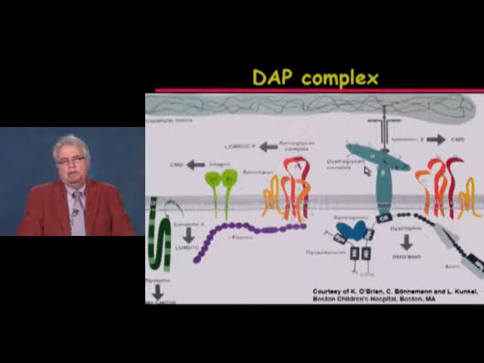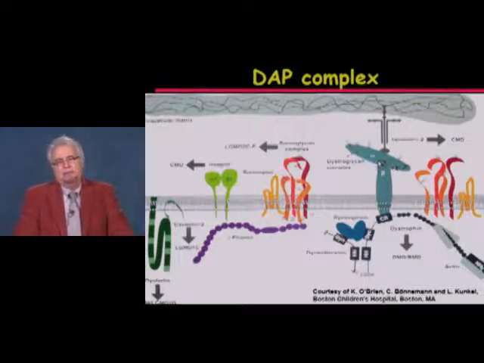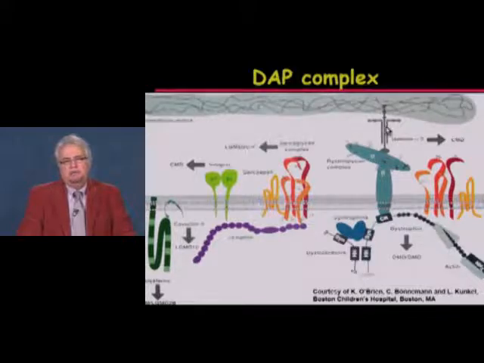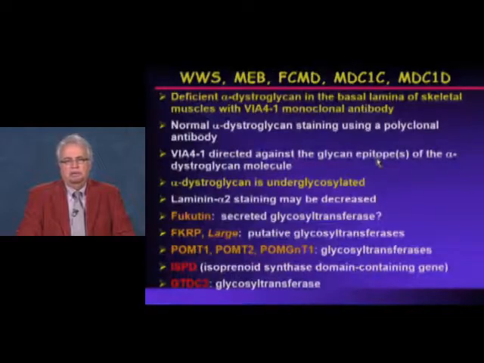So we're talking about conditions which have to do with the glycosylation of alpha-dystroglycan. As you can see, the molecule has some glycan epitopes on top of it, which are very, very important because without these epitopes, the binding between alpha-dystroglycan and laminin becomes compromised, and therefore the whole complex falls apart if you have deficient glycosylation of alpha-dystroglycan.